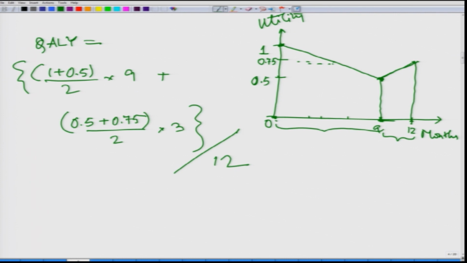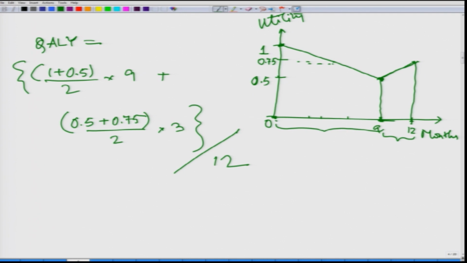Because you are taking the average value for a particular year, because it is generally given in the form of average number of years in a particular time period. Yes, so this is what we do in terms of QUALY, quality adjusted life years.